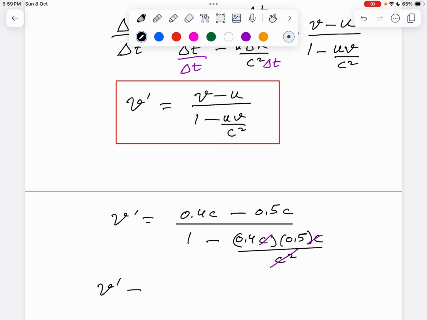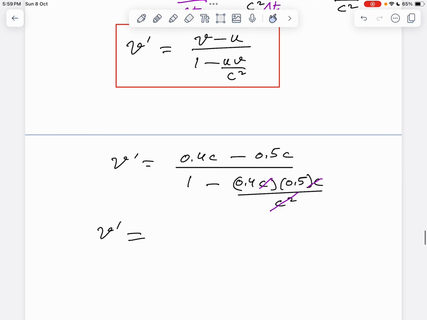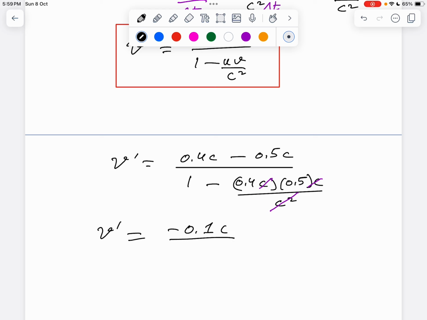Then the speed of A relative to B, or V prime, will be minus 0.1 c over 1 minus 0.4 times 0.5, which is 0.2. So it's going to be minus 0.1 over 0.8 c, which is minus 0.125 c.